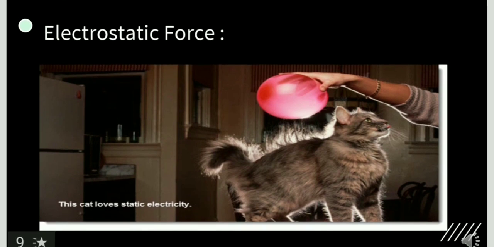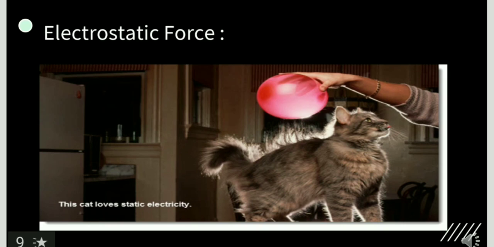So have you ever heard of this? Yeah, cats like this one. They love electrostatic force, and this happens only when two different charges come into existence with each other. This force is exerted by electric charges on each other.